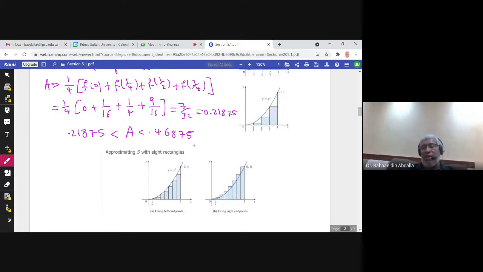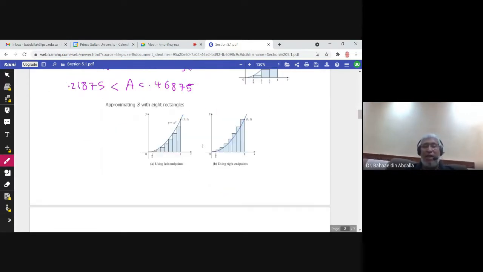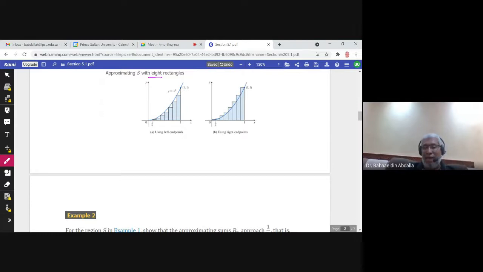And that's an excellent result. Imagine that you don't use 4, you use 8 rectangles, okay? You will get a better approximation if you use more rectangles. For example, 8 rectangles.